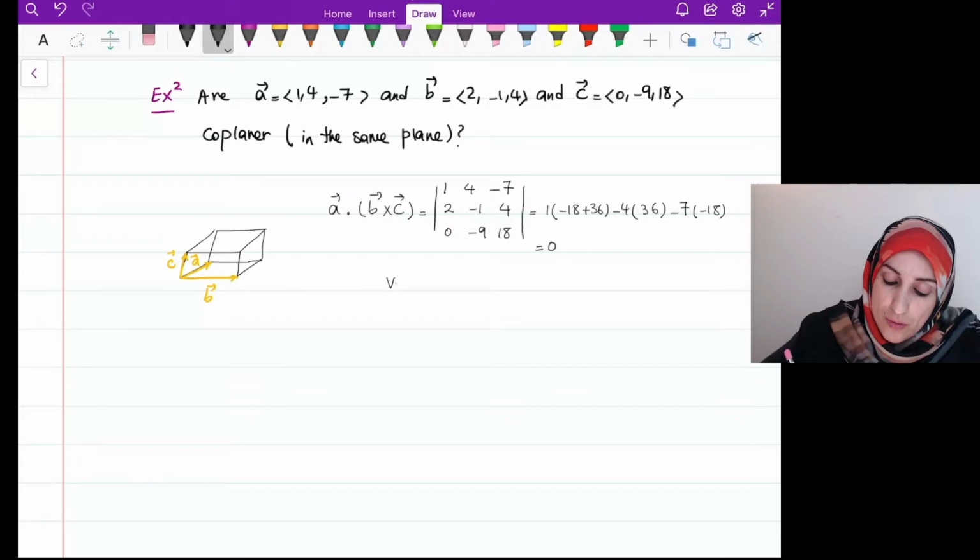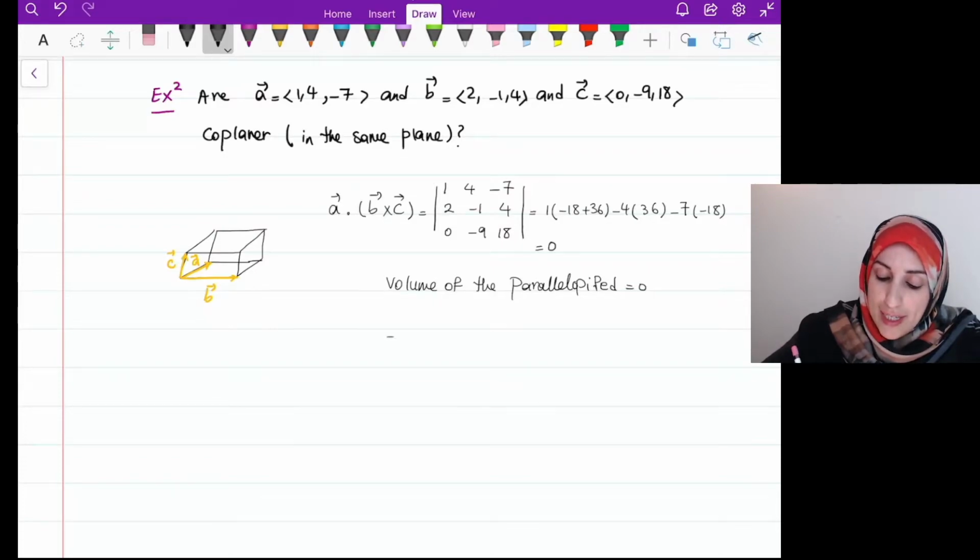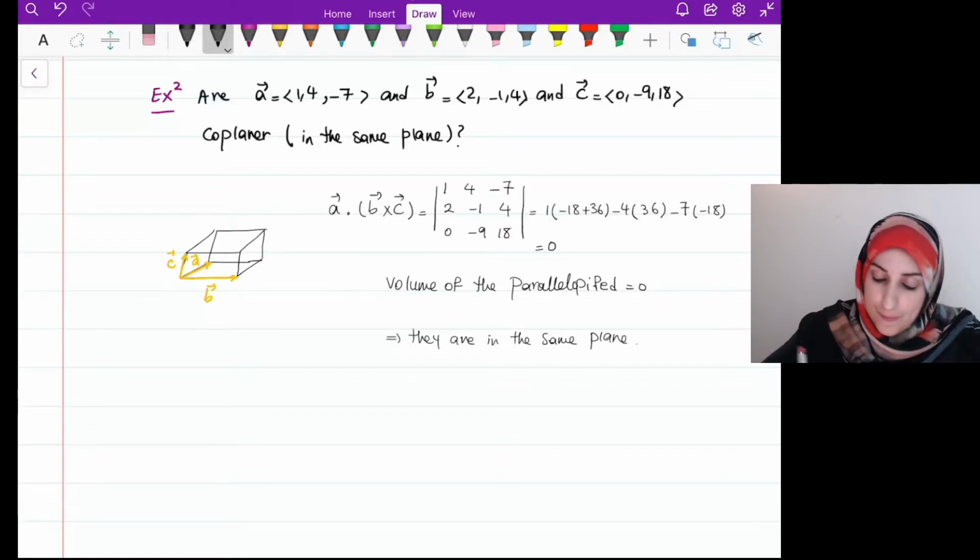So the volume of the parallelepiped is 0, meaning that they are in the same plane.